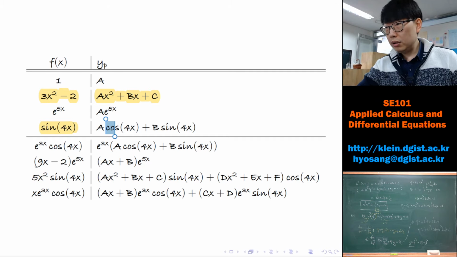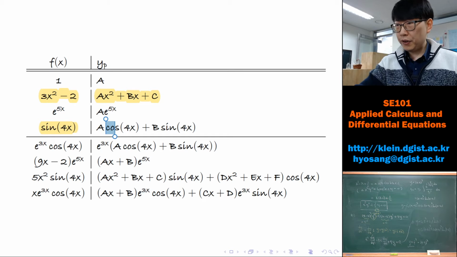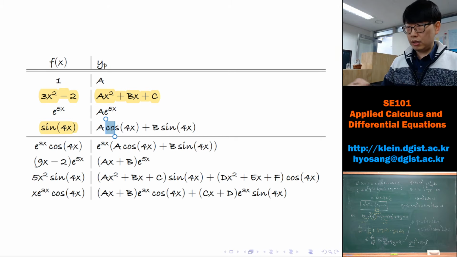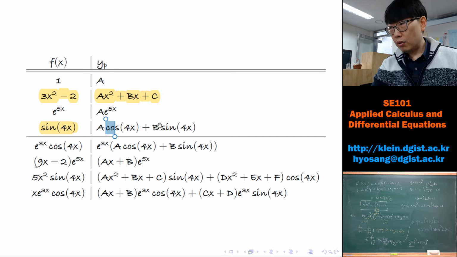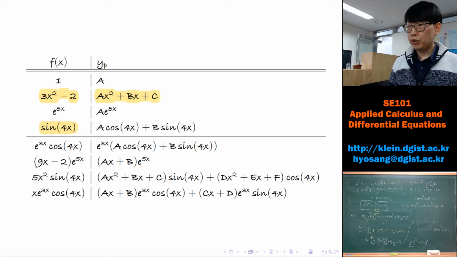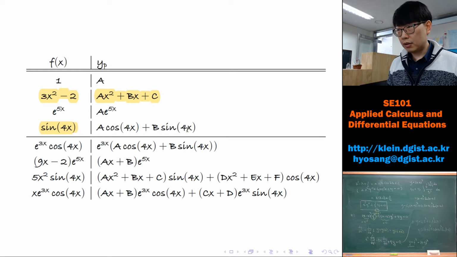So sine may appear from the first order derivative of cosine, right? Or from a second derivative of sine, and these might intertwine with each other, so if you start with only a sine function guess, then you may not have a solution. So you need cosine and sine, okay?